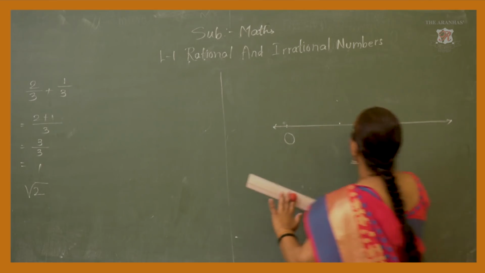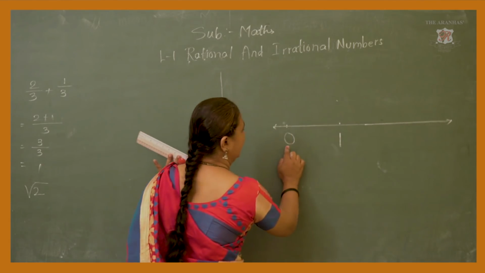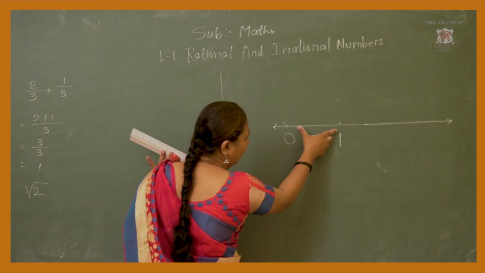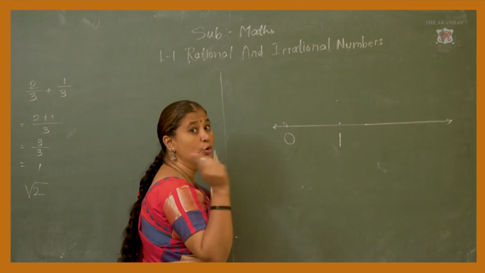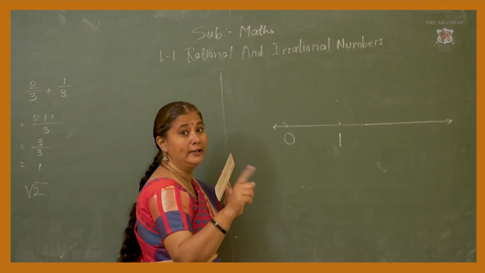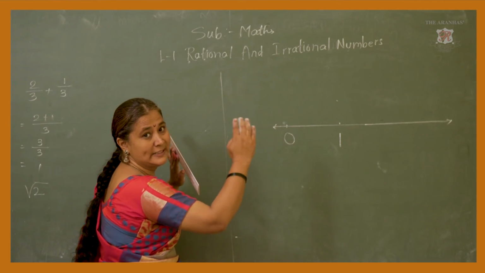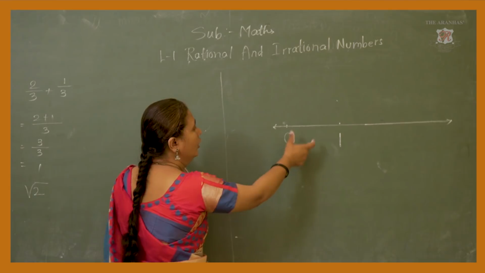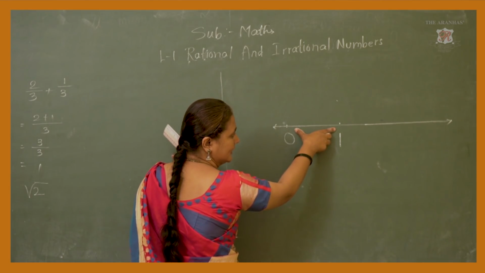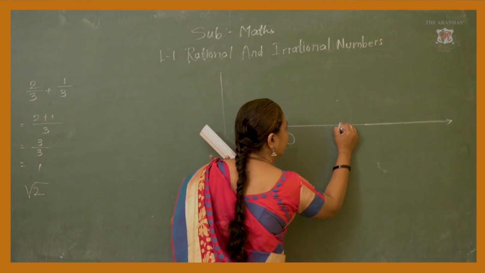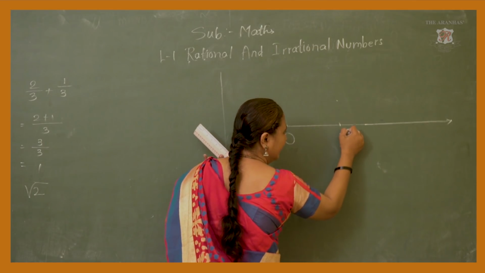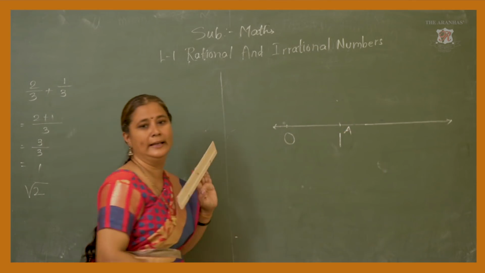Okay. Here on the number line, between 0 and 1, I want a convenient distance to show root 2 neatly, and it should be represented neatly on the number line. So, at a convenient distance, I took the number 1 and I write a point over here, A.